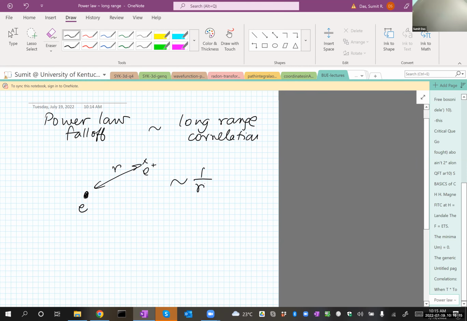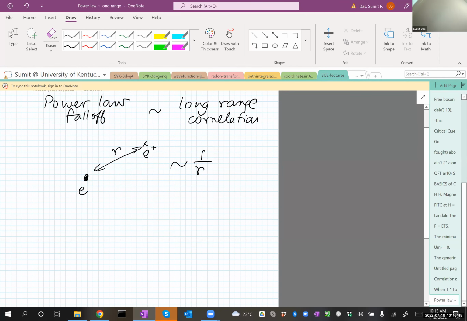On the other hand, there are other kinds of forces, for example nuclear forces, where if you take 2 nucleons and ask what is the nature of the potential between them separated by some distance, that law is given by something like this. This is a Coulomb potential. This is called a Yukawa potential. This is the force between mesons, for example.